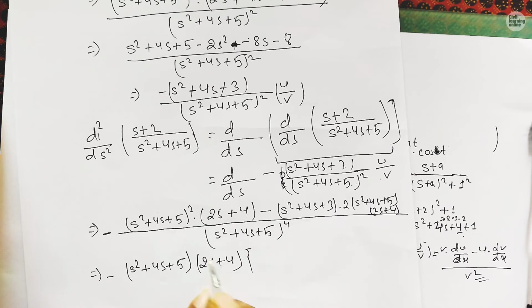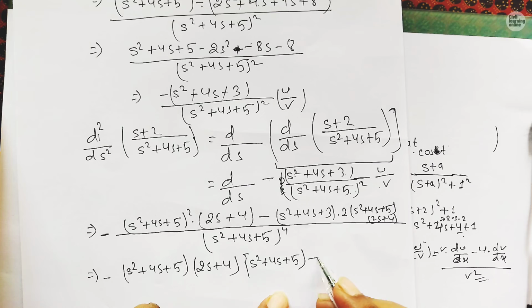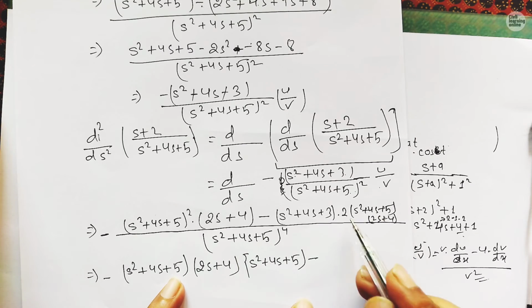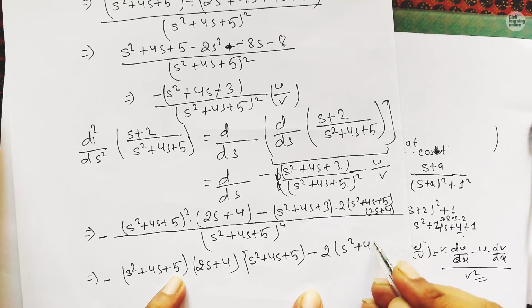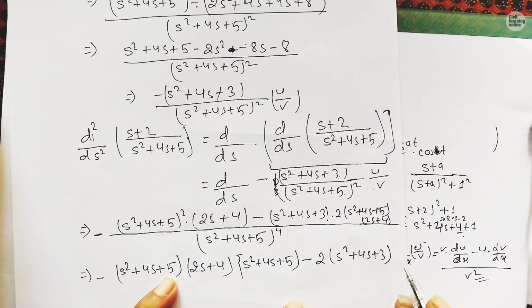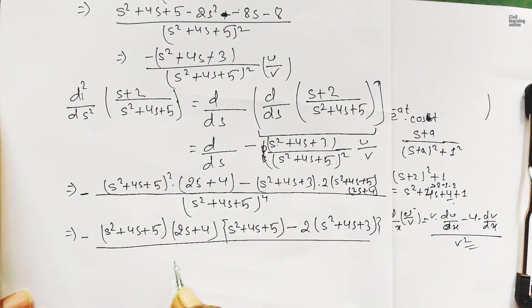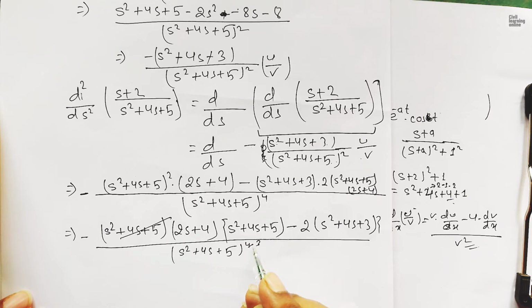In the bracket we will have the remaining s square plus 4s plus 5 minus 2 times (s square plus 4s plus 3), over (s square plus 4s plus 5) to the power 4, and we divide this, so we will have 3.